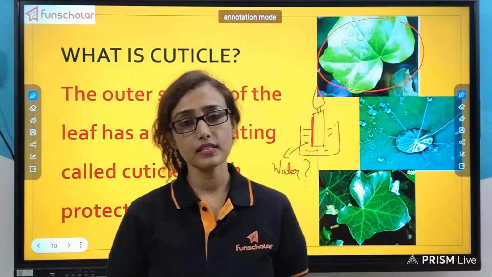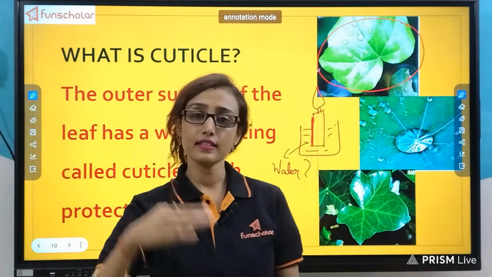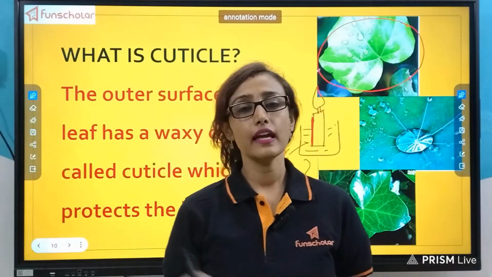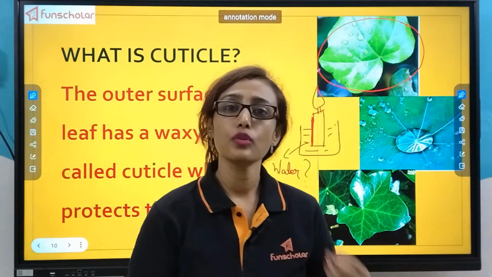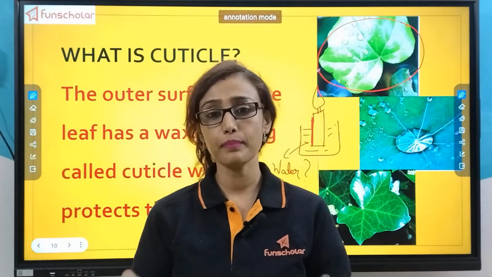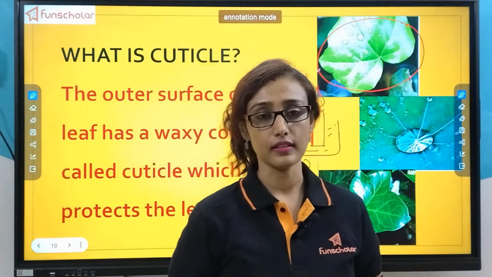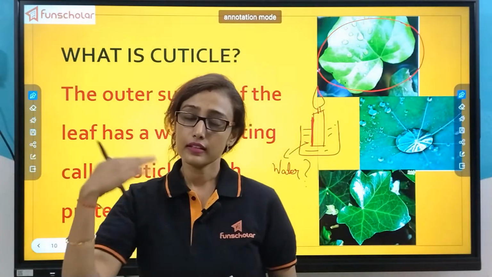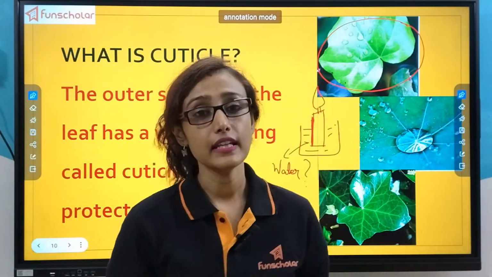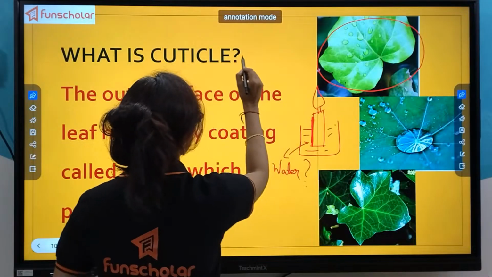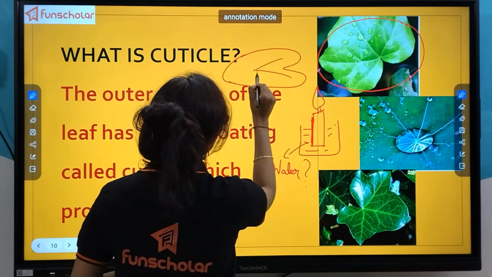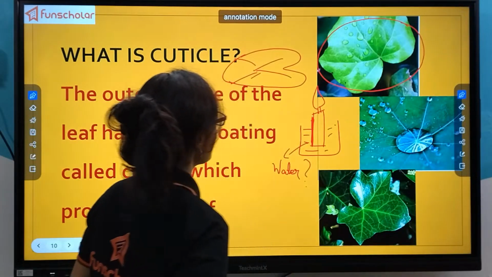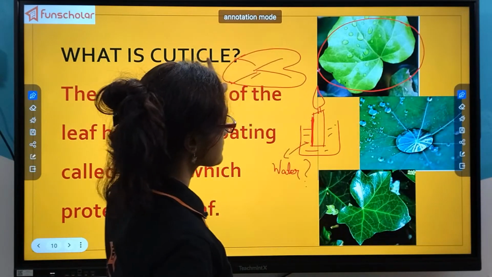Now what happens in the sea areas where the plants are under the water? There is too much water 24/7. So if there is no protection and the plants are always under the water, then what will happen? They will get destroyed easily. Have you seen the leaves of a lotus plant? They look like this.